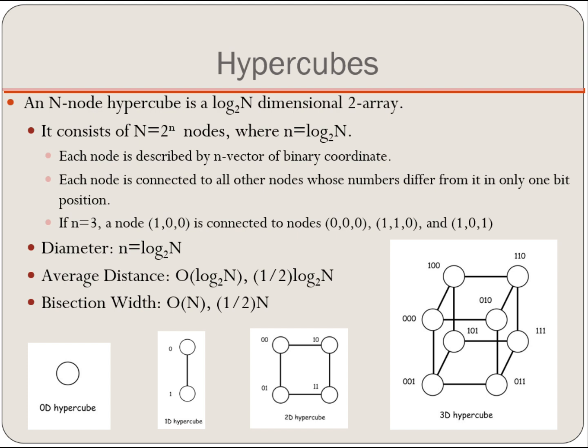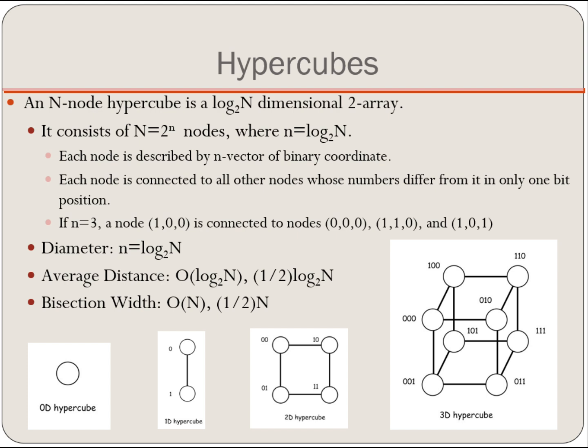Formally, there is another way to define a hypercube. Because it's a K-array, and K is binary, if you have n nodes, that means you have log n dimensions, and in every dimension you only have 2 values, 0 and 1. That's what binary means.